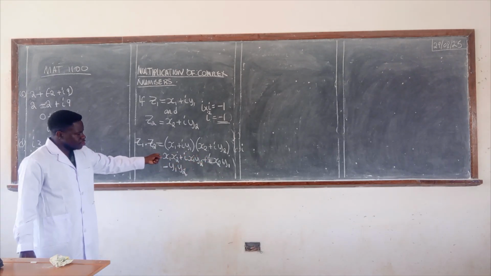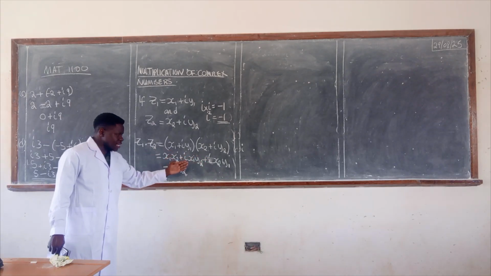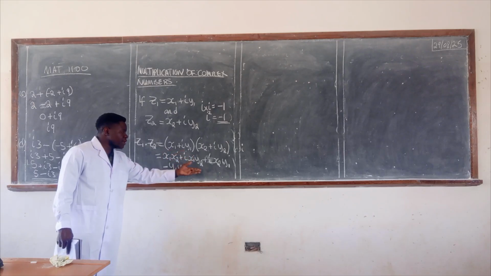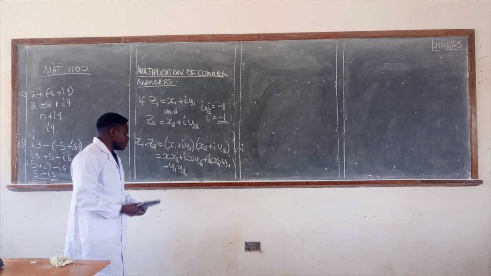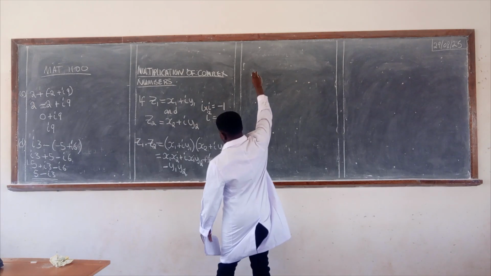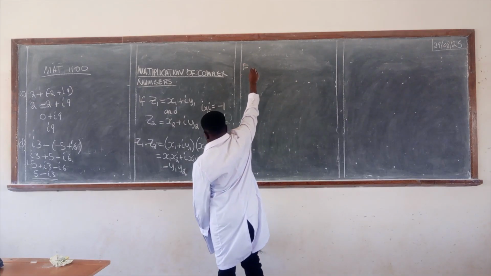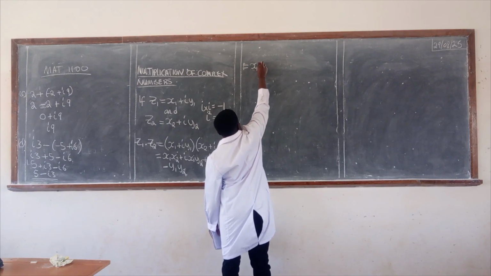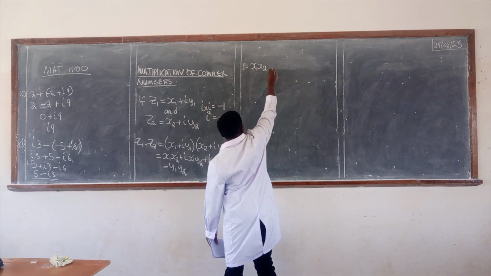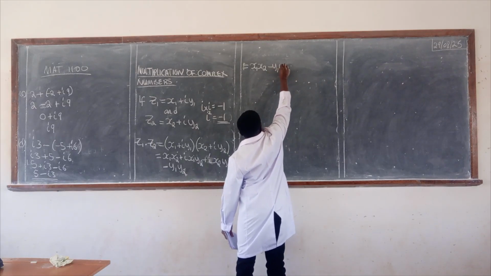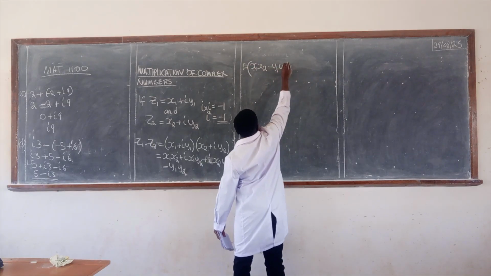Okay, so if you are able to see in this expression, we have the real parts which don't have i's and the imaginary parts which have i's. So let's group them together. So this is going to be X1 X2 minus Y1 Y2.